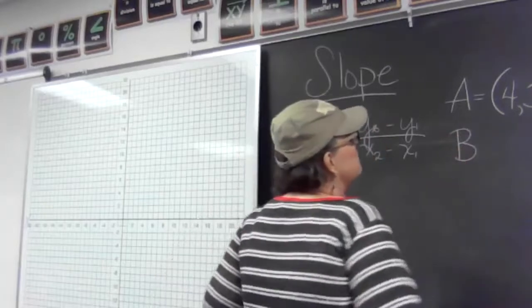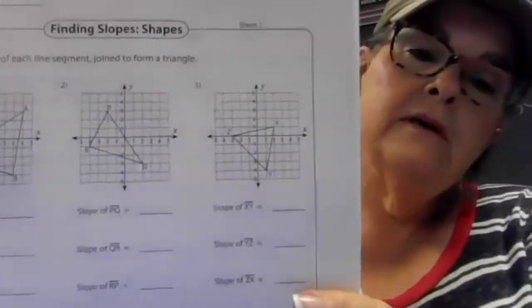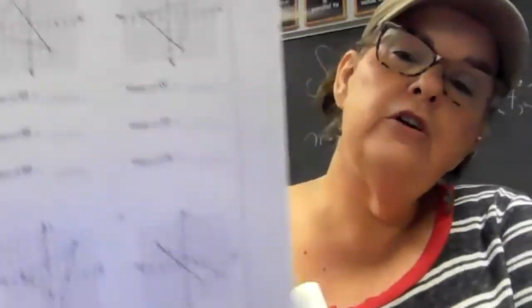And if we're going to find segment AB, hi, Toots. Good morning. How are you? We're in packet 2, and we just started on page 6. They have the triangles at the top.